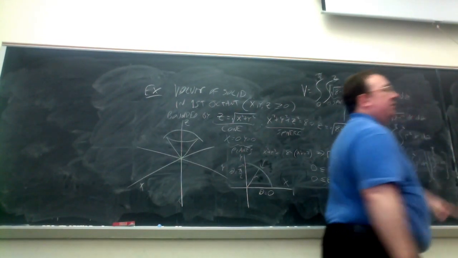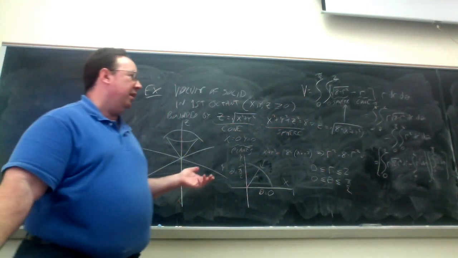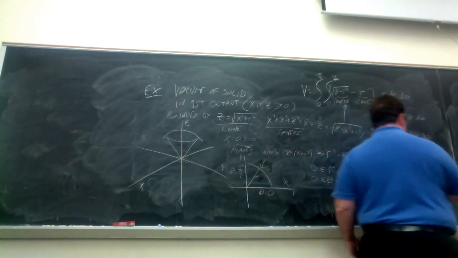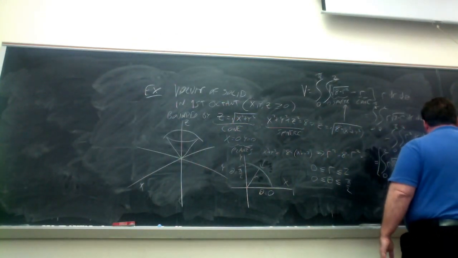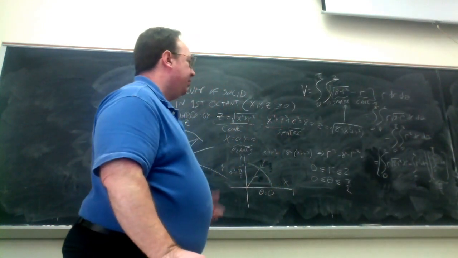But what's that going to be? If you're integrating 1 over what interval? It's just pi over 2. It's just the difference of the limits. So then you can just work this out and multiply the result by pi over 2.